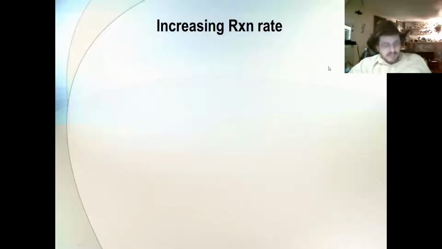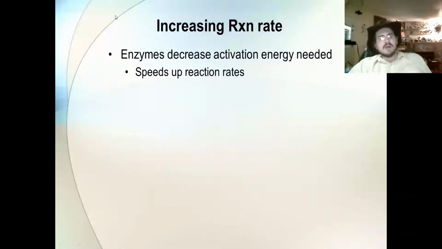So how does an enzyme go about increasing reaction rates? Well, enzymes decrease activation energy needed, and that speeds up reaction rates. Whoa, I didn't explain activation energy. Okay, so activation energy is the concept that every single chemical reaction there is requires energy to start.